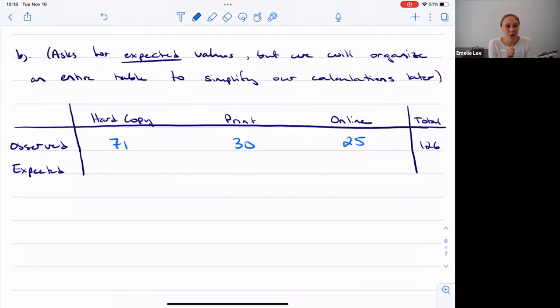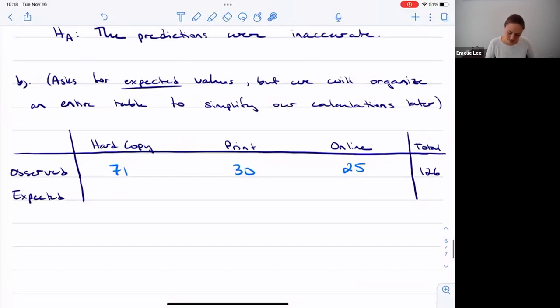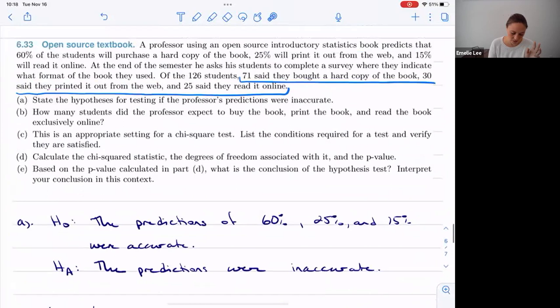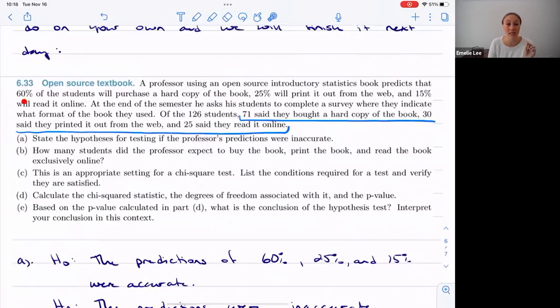So now we can use this 126. If I had 126 students and I told you that I'm expecting 60% of those 126 to buy a hard copy, then what am I doing? I'm taking 60% of the 126, so I'm going to take 126 times 0.6.